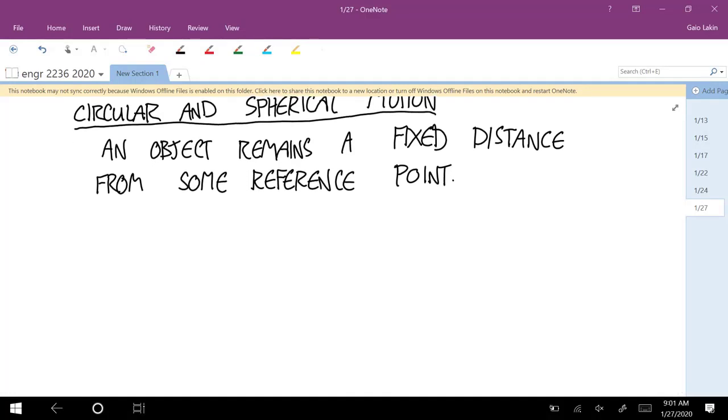The difference between circular and spherical is if the object stays in a plane, if the object is confined to a plane, then the motion is confined to a circle around that reference point.